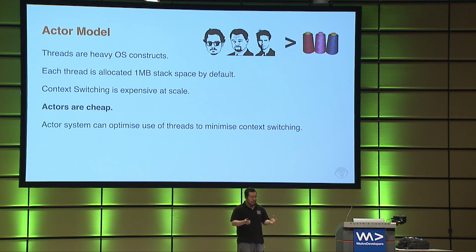So inside the body of the actor, even if you're maintaining some state that's being updated concurrently by multiple people, you don't have to worry about using locks and mutex and really heavy constructs like that to make sure that you are thread safe. And also because you're using actors, which is a high-level abstract concept compared to threads, you allow the actor system itself to optimize how many threads to actually run in order to minimize the amount of context switching you're doing, but still maximize the amount of CPU time you can use.